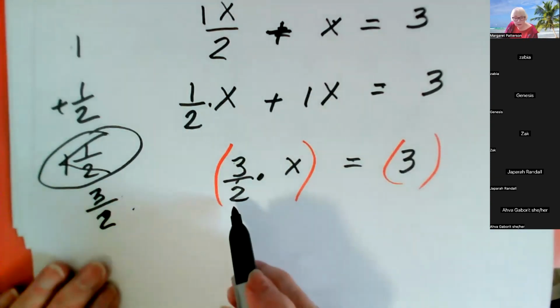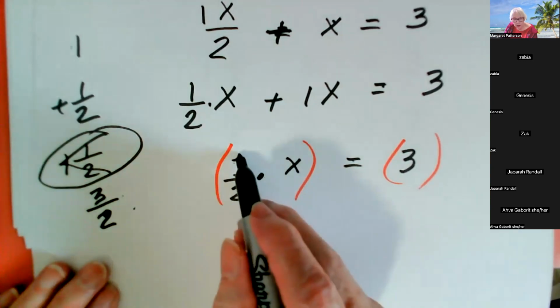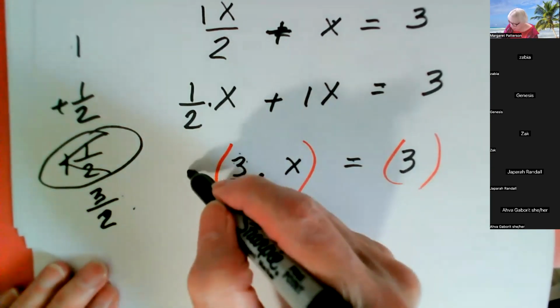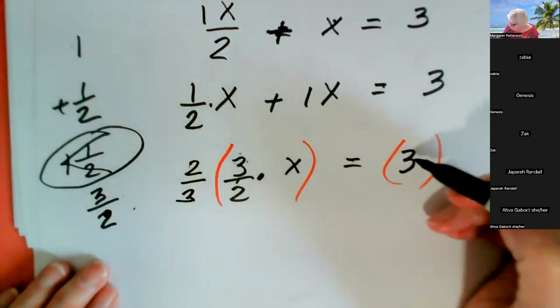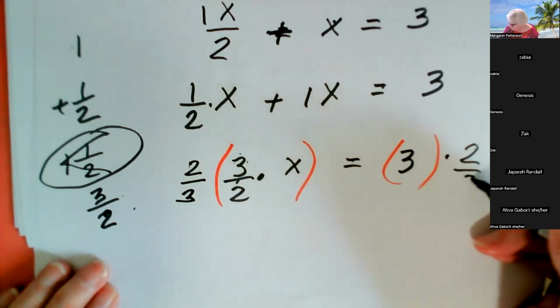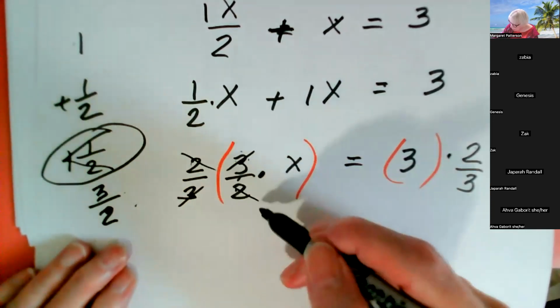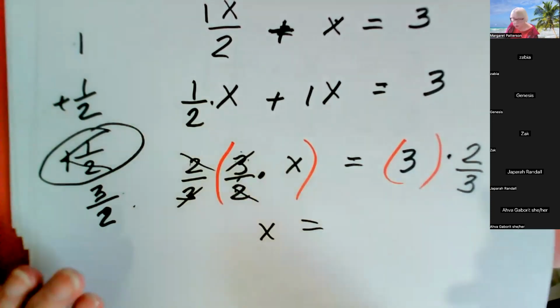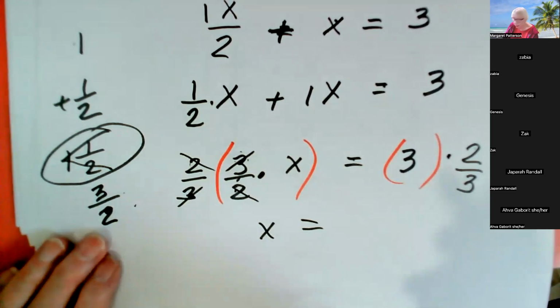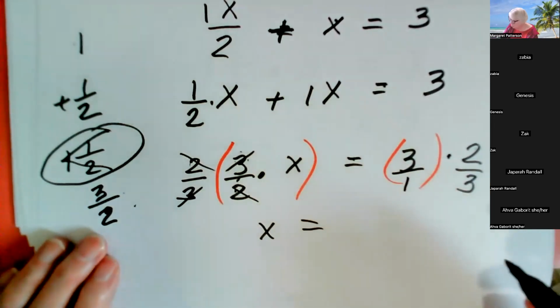So what you do, then, this is the scenario where you have a fraction times x, you multiply by 2/3 on both sides. So the 3's cancel out, the 2's cancel out, you're left with x. This is 3, which is 3/1.